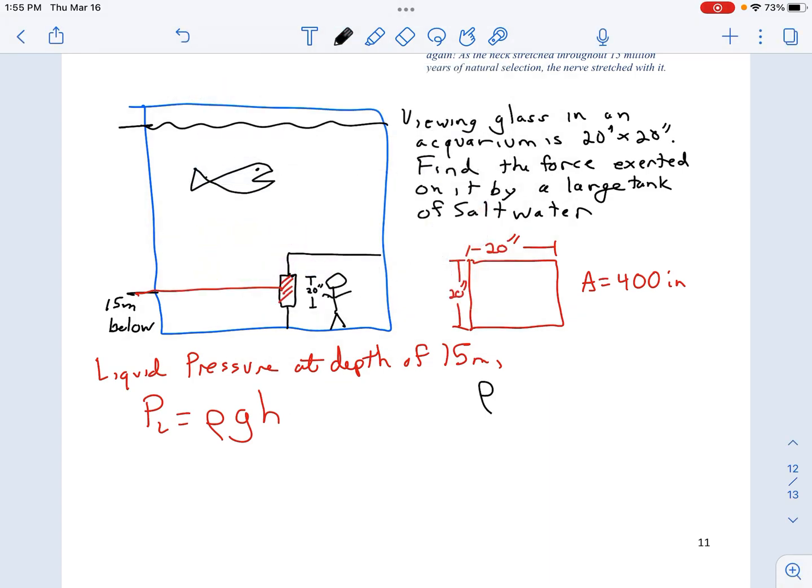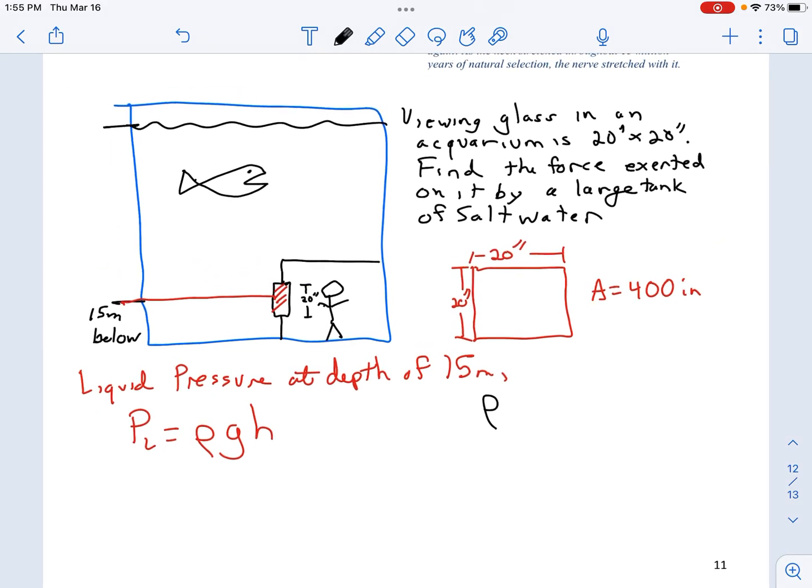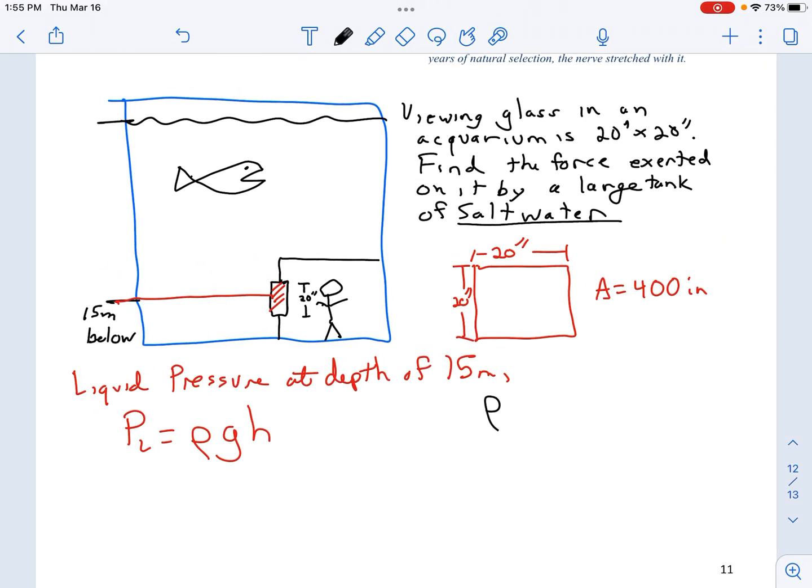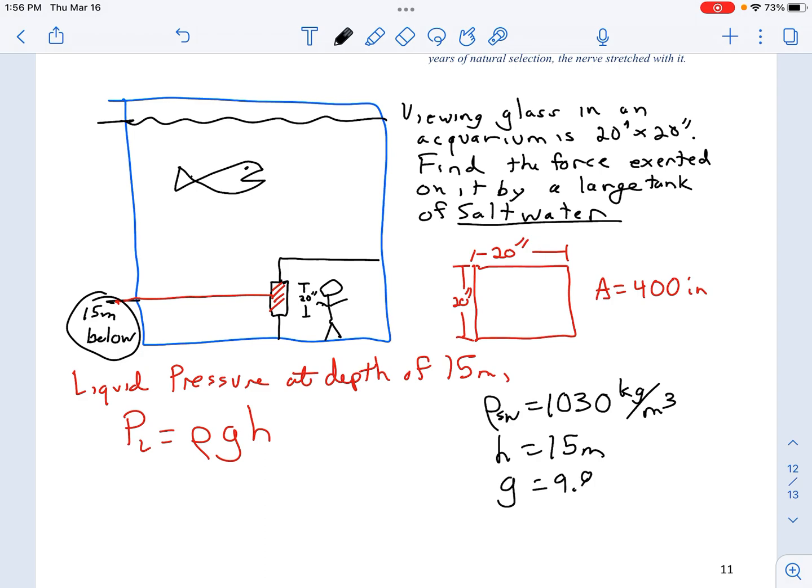The density, in this case, I didn't give it to you, but it's salt water, and so the density of salt water I'll give as 1,030 kilograms per meter cubed. The height that we're interested in is 15 meters. That's shown here. And we know that gravity is the same as it always is.